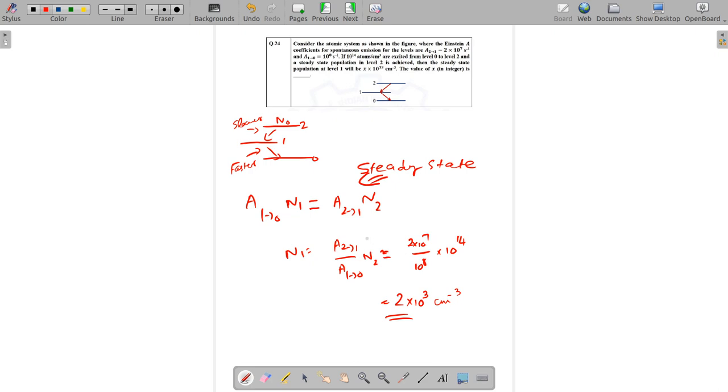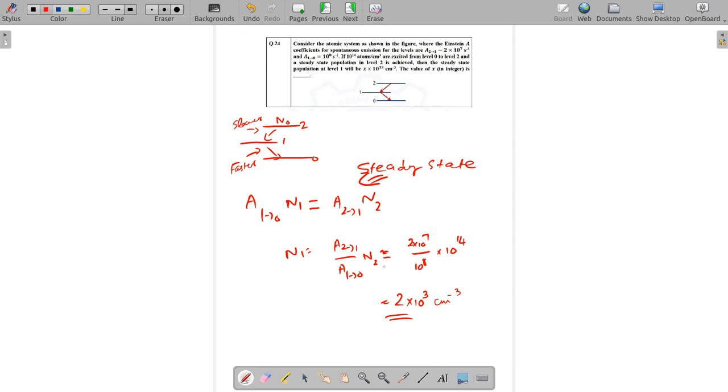The population N2 should actually be a dynamic quantity, because if things go down here and go down here, it is basically decaying unless there is pumping from 0 to 2. But given that this is a big number, 14 atoms, you have to assume that N2 equals 10 raised to 14.